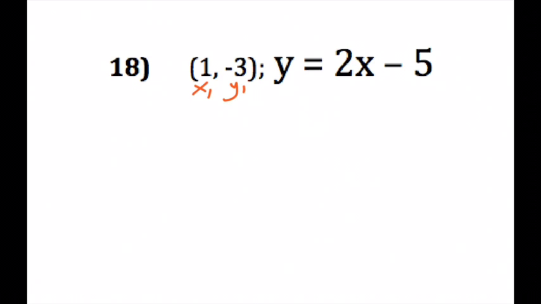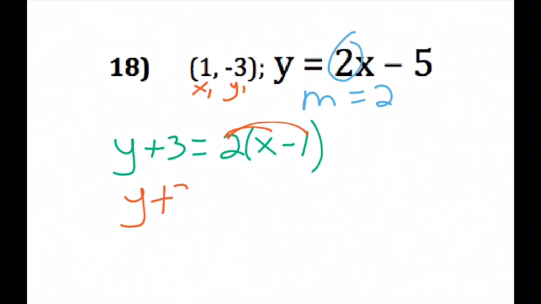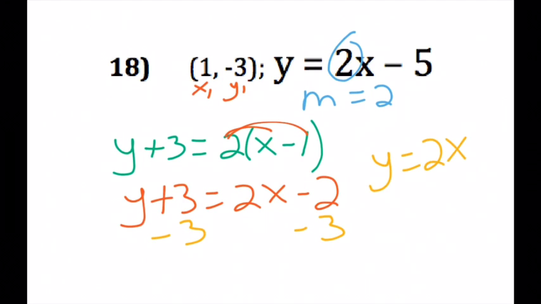You should have decided that your slope that you're going to use is 2, because that's the same slope in this equation. So we have y minus a negative 3, so that's y plus 3, equals 2 parenthesis x minus 1. Distribute the 2 through. y plus 3 equals 2x minus 2. Subtract 3 from both sides, and our equation is y equals 2x subtract 5.